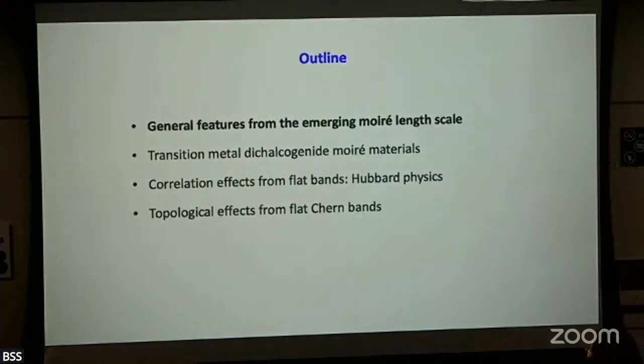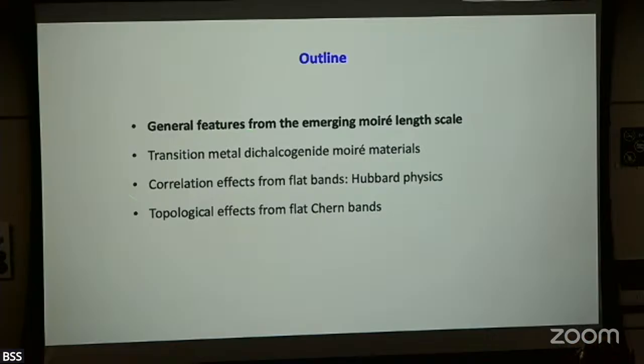Okay, so this is the plan. I will first summarize the general features from this emerging new length scale, the Moiré period. And I'll focus on a particular class of material, the transition metal dichalcogenides, which are mostly semiconductors.